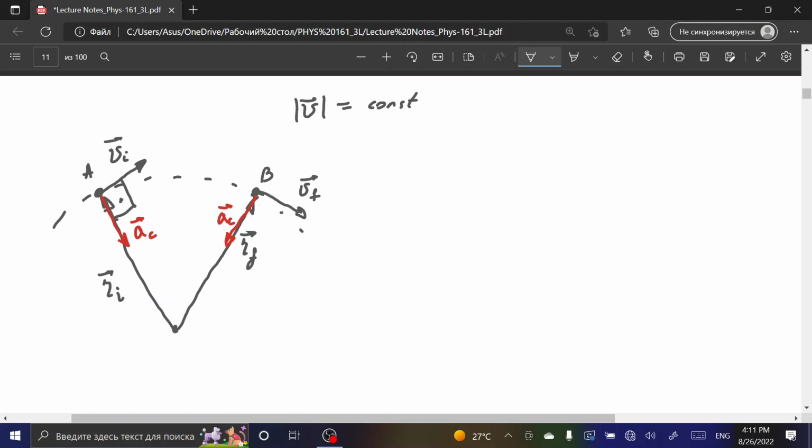And once we have introduced the key parameters of this uniform circular motion, we can proceed further and try to quantify. So we want to know now not only the fact that there is some centripetal acceleration because of the change of velocity vector orientation, but we want to know the exact magnitude of this centripetal acceleration.